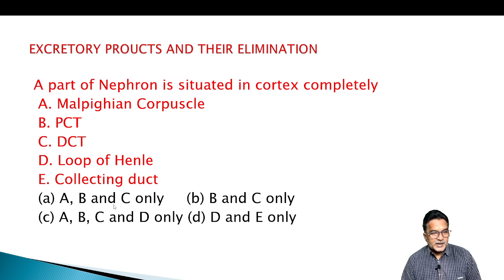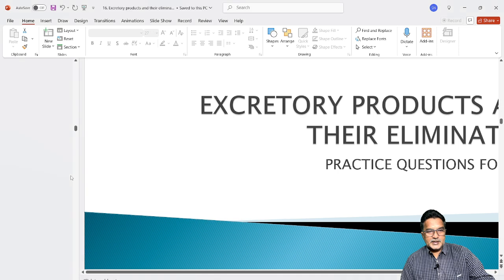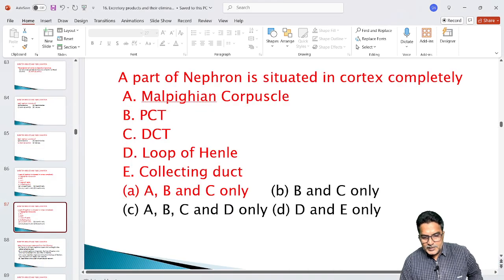So the answer is B and C only: the Malpighian corpuscle, PCT and DCT in the cortex. Okay, we continue the practice questions video in part 2.